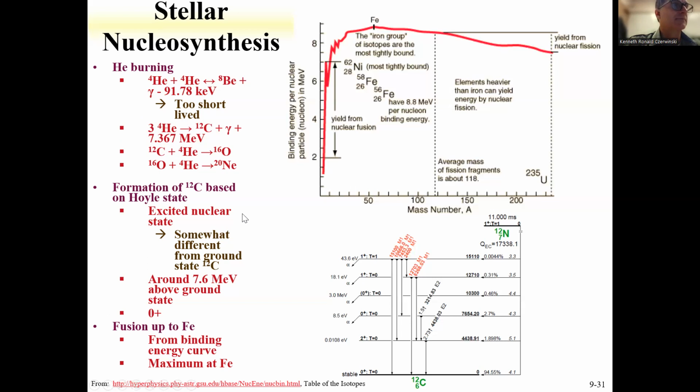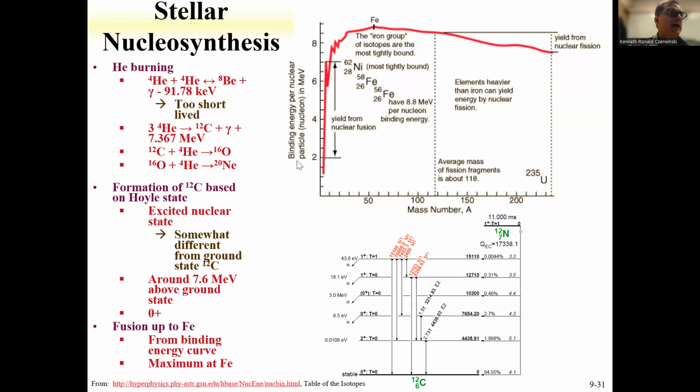So it was proposed based upon this reaction that carbon-12 probably has an energy level that's close to this, so that if this occurs and this isotope is made, a gamma can take away most of this energy and the isotope won't just fall apart.